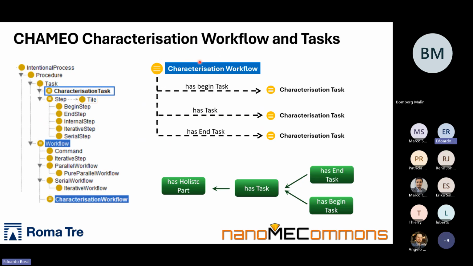So let's get a little bit more in depth. The characterization task has a begin step, an end step, internal steps or iterative steps, and then it can even be serial. So you can define in the ontology all the aspects that define the workflow in its shape.